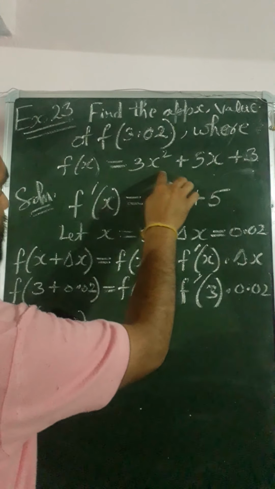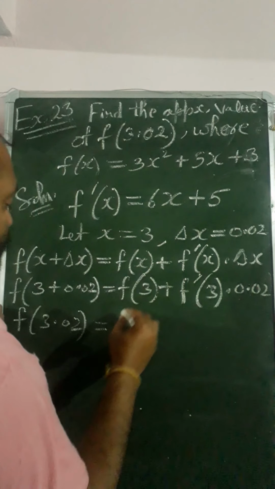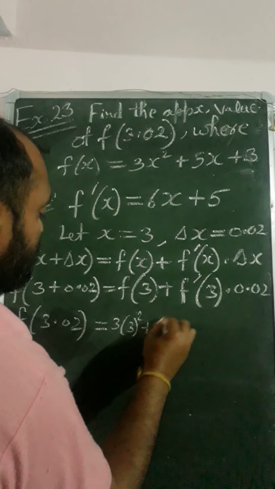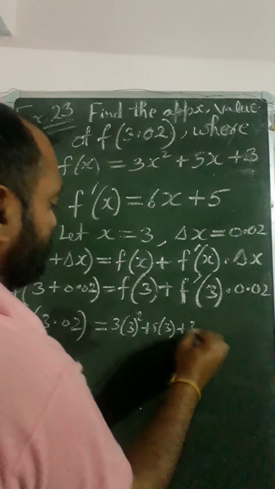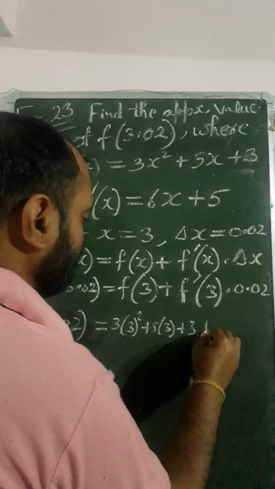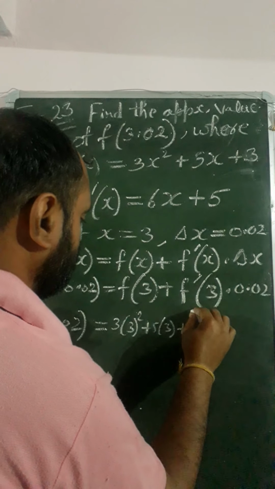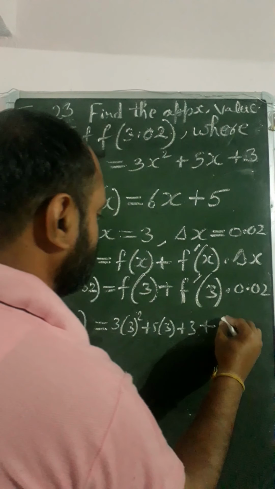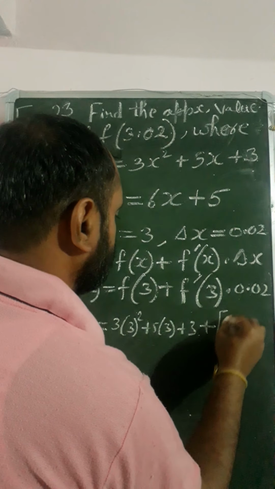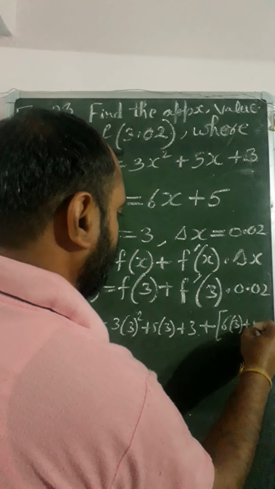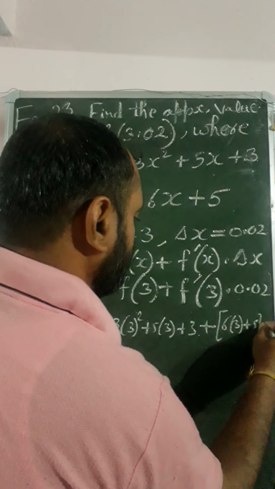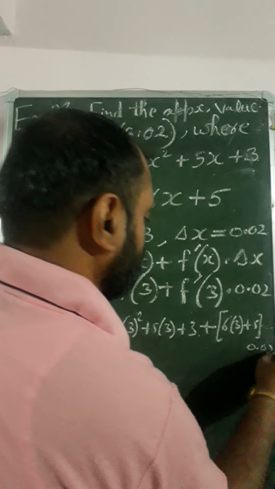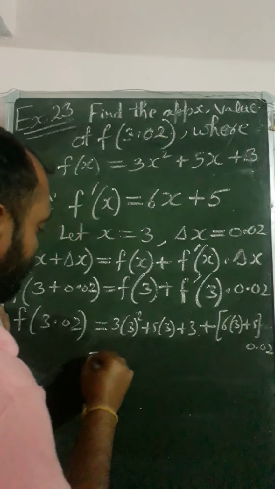F of 3 means you have to put the value of 3 here. So we have 3 into 3 square plus 5 into 3 plus 3. This is the value of f of 3, plus f dash 3. F dash 3 means 6 into 3 plus 5, into 0.02. Now you can multiply this.